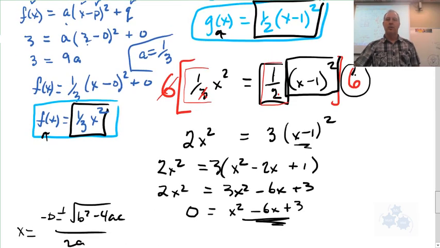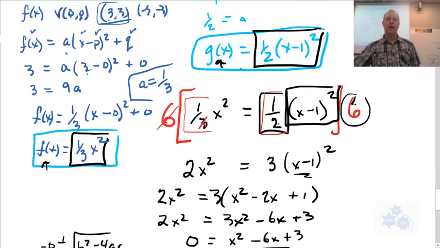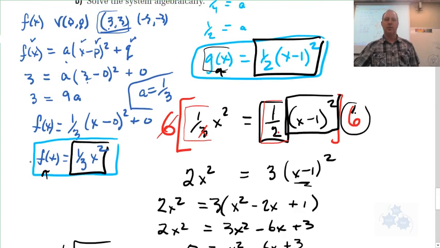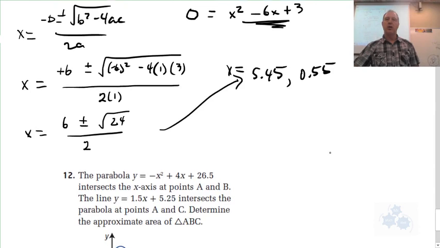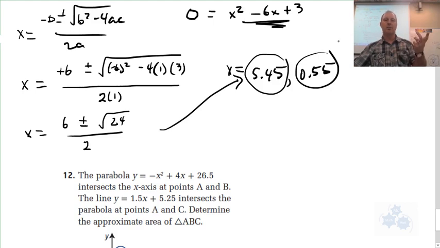However, we do have y values as well, because you remember our equations were y equals this and y equals this. So we should probably solve for the y values as well. And so you just plug each x value into one of the equations, and you get the partner y value. Then plug this one into one of the equations, get the partner y value.